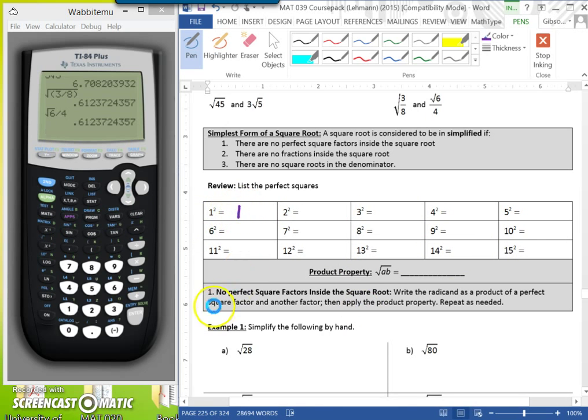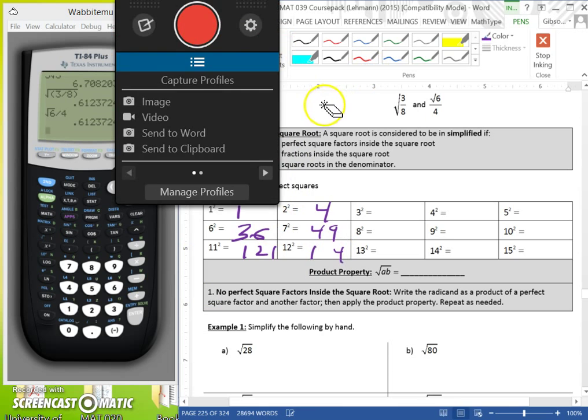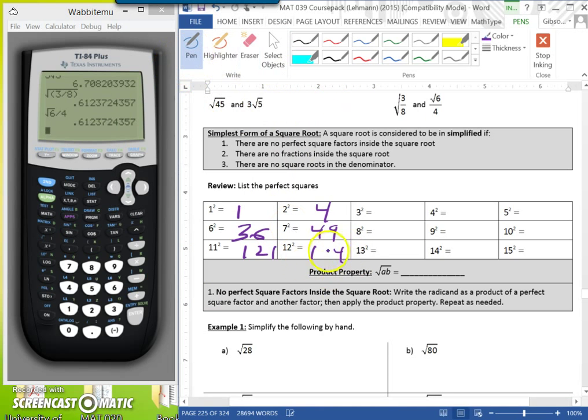So 1 squared is 1, 6 squared is 36, 11 squared is 121, 2 squared is 4, 7 squared is 49, 12 squared is 144. Sometimes these 4s don't show up right. It's supposed to be 144. 3 squared is 9. 8 squared is 64.